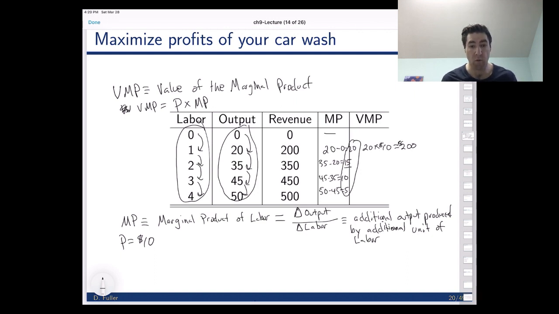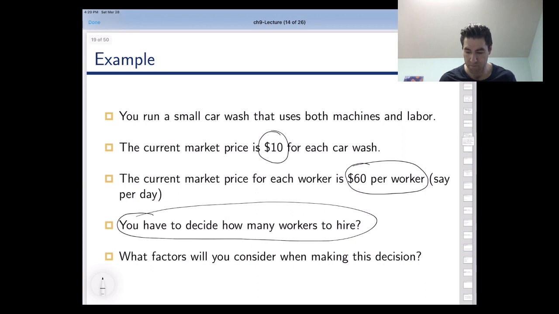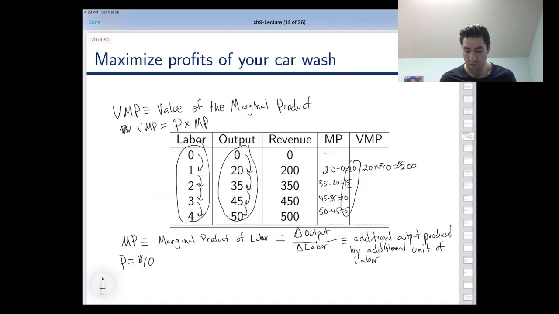The second worker, the marginal product is 15 car washes. They add 15 car washes, which gives me a value of the marginal product of $150, 15 times 10, for the second worker.